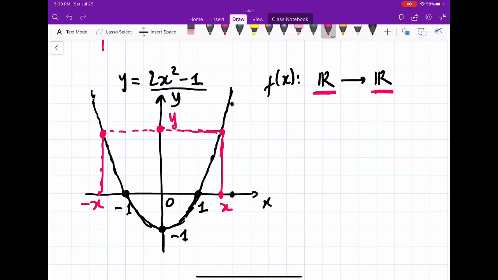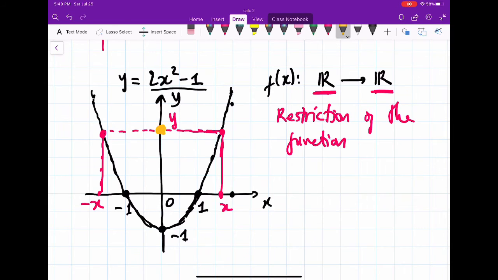But again, I can consider the restriction of this function. What does it mean? It means I want to restrict the domain. I don't want to consider the whole number line, because I try to avoid the situation where for each y I have two x's.